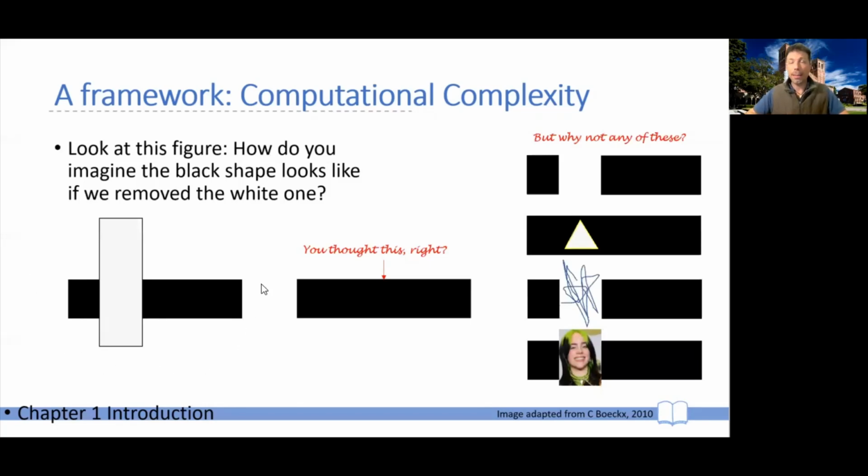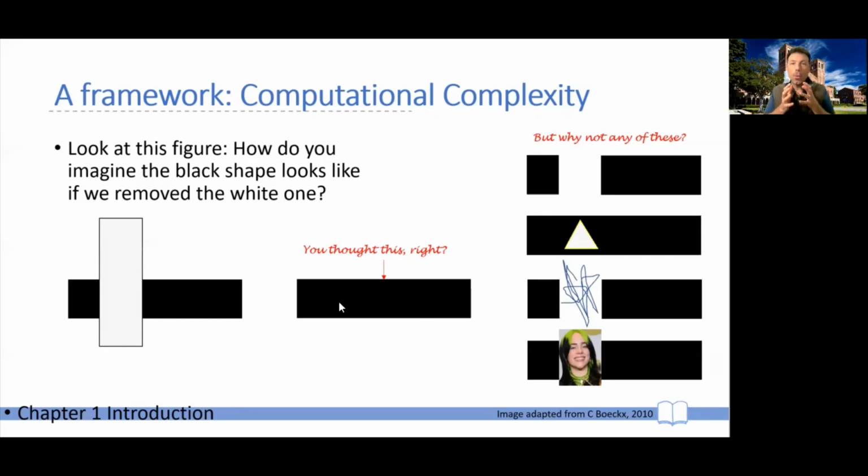I'm sure you could now sit down and create another 100 possible scenarios of things that could then be consistent with the scenario if you remove the white bar. However, when I asked you, I dare say that virtually all of you, when I asked you what happens if I remove the white bar, you thought of this.